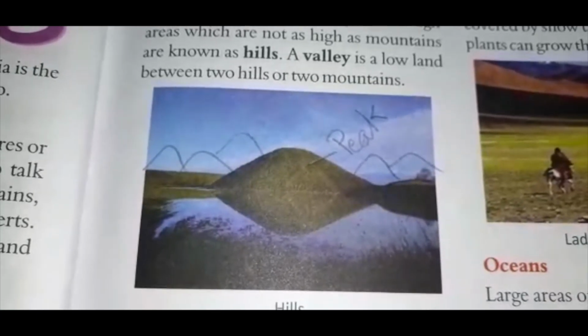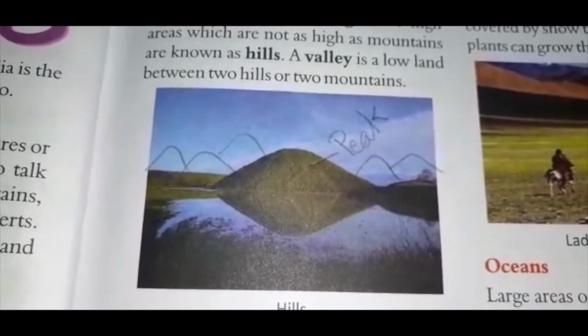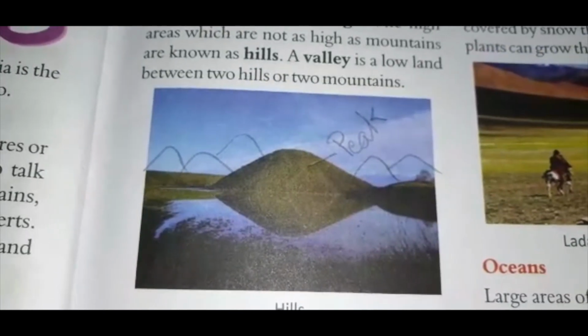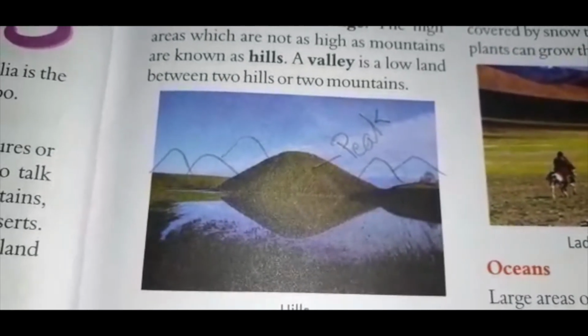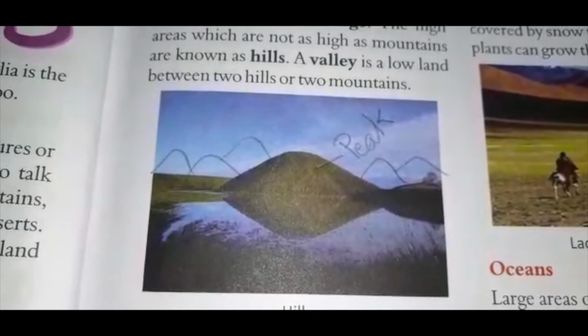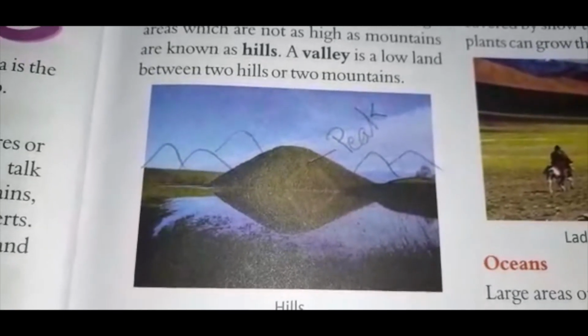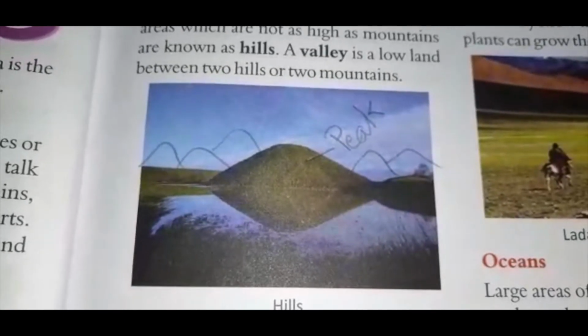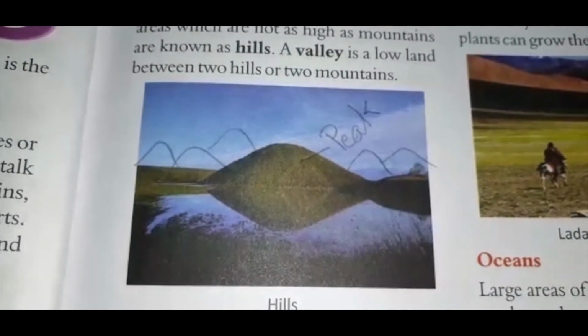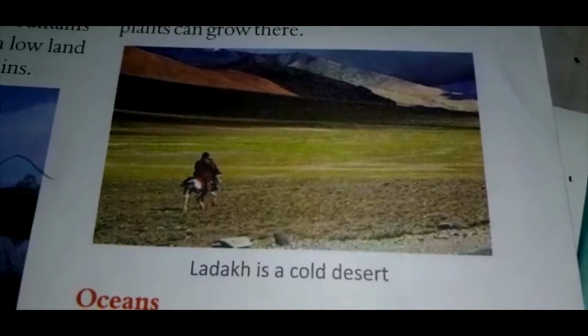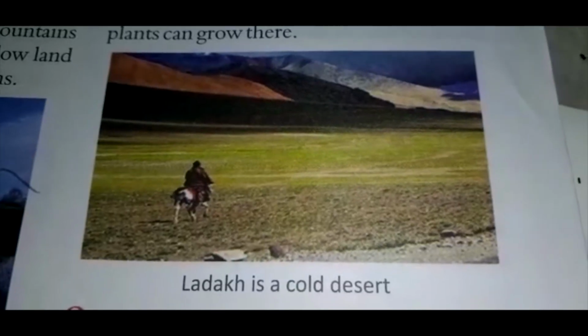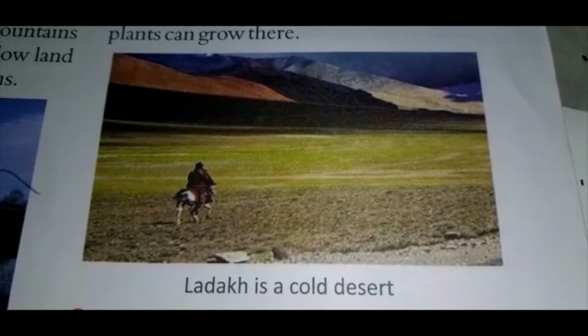And just because of the lack of water, very few plants can grow on it. Whereas cold deserts are the areas which are covered by snow throughout the year and no plants can grow here. Ladakh is a cold desert, whereas the Thar desert is a hot desert.